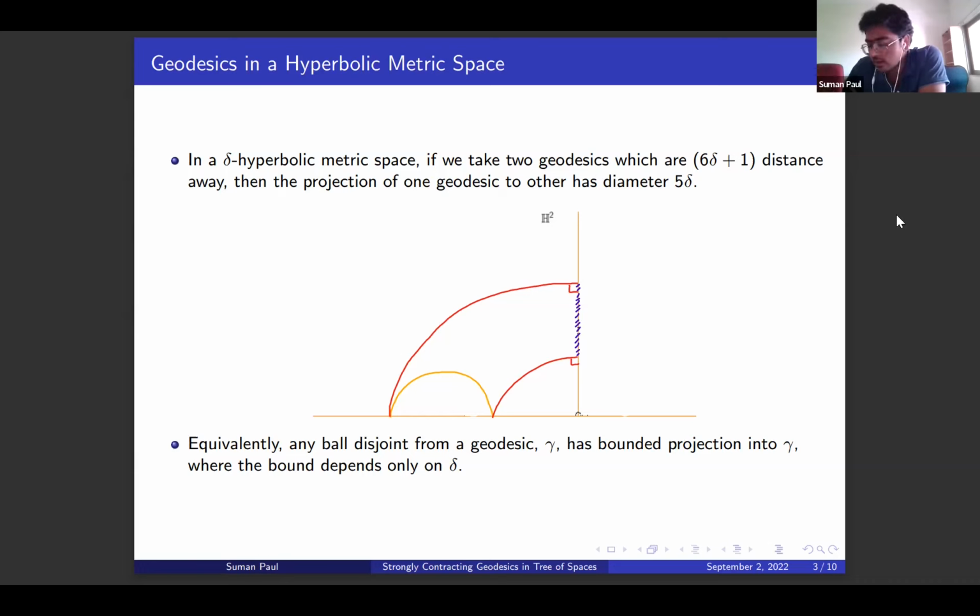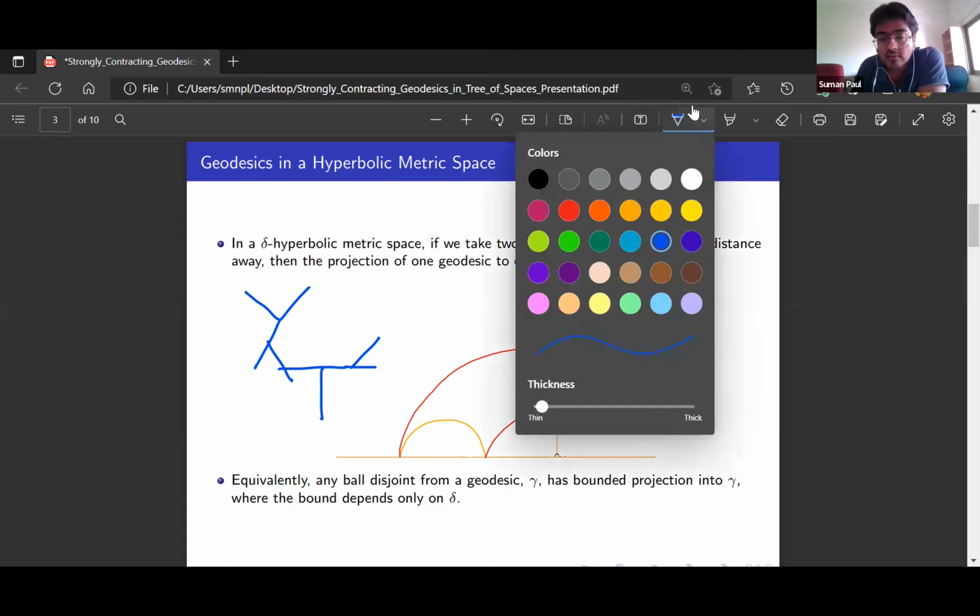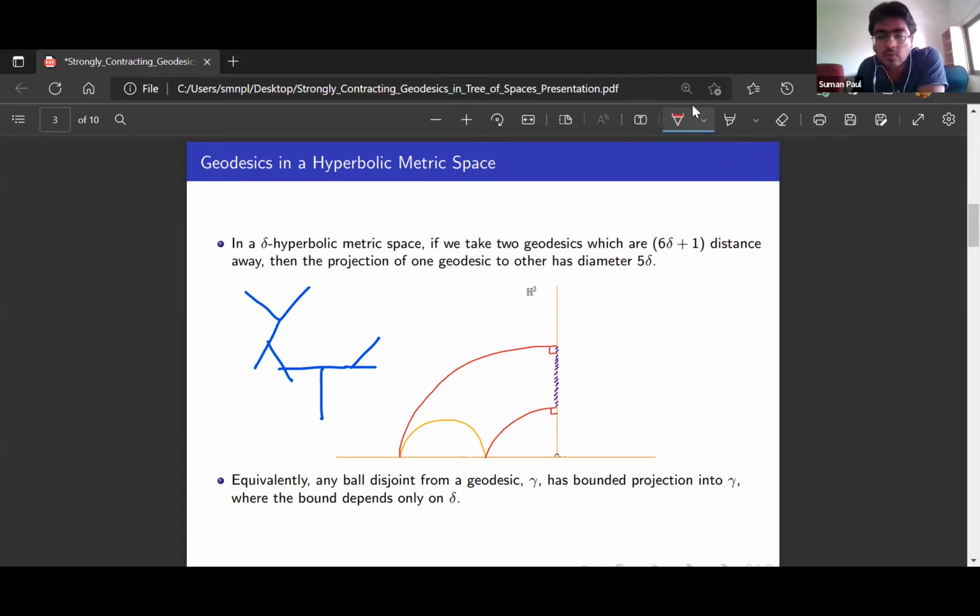For example, let me try to draw some picture. If I take a tree T, we know that it is a hyperbolic metric space. In fact, it is a zero hyperbolic metric space. Now we take two geodesics which are 6 delta plus 1 distance away. Here delta is 0, so 1 distance away.